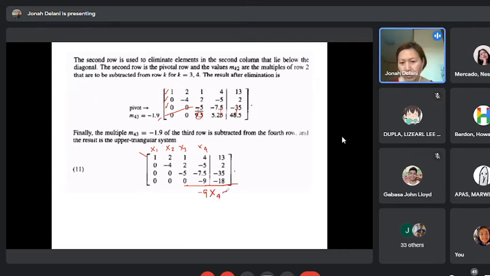We can now solve the value of x4. Once we solve x4, if we look at the third row, where this corresponds to the numerical coefficient of x3 and this is the coefficient of x4, we have the value of x4, so we can solve x3. Right?